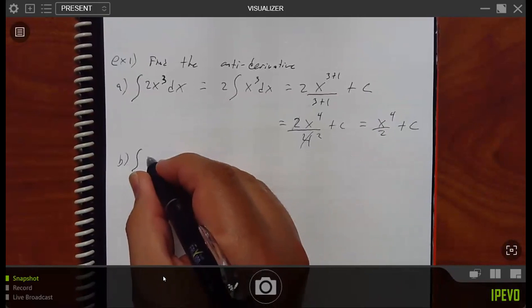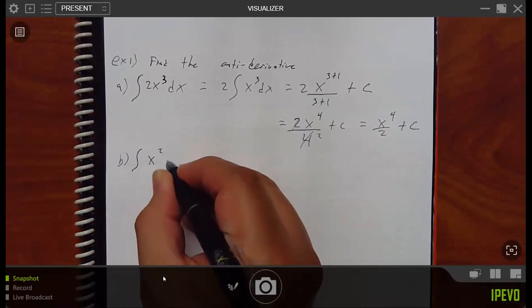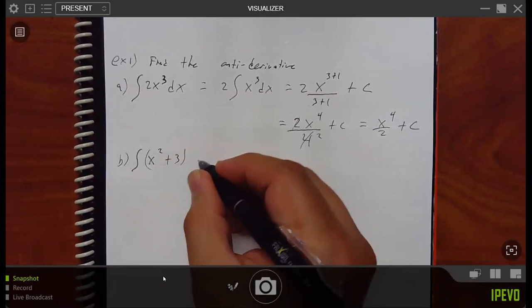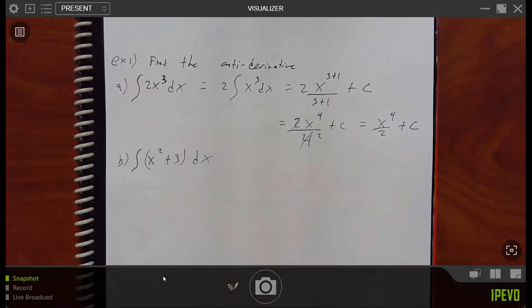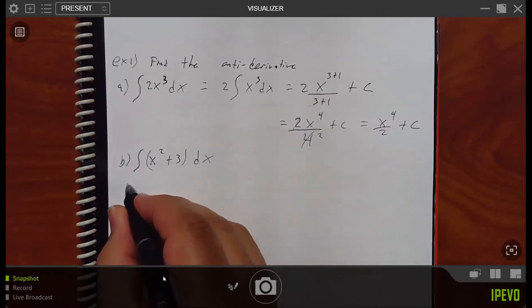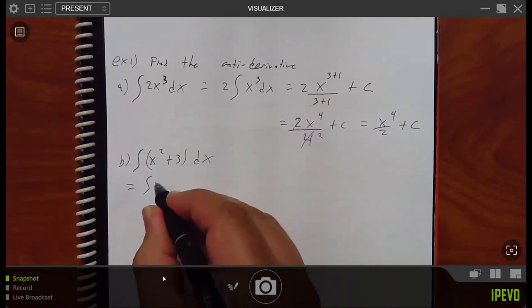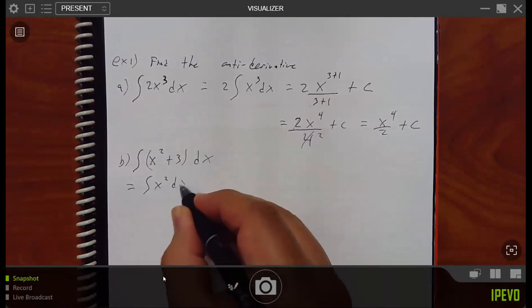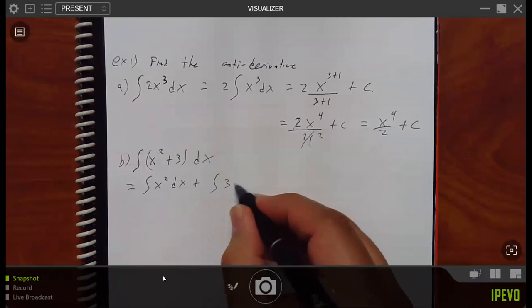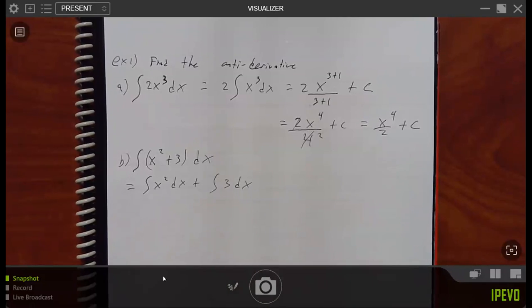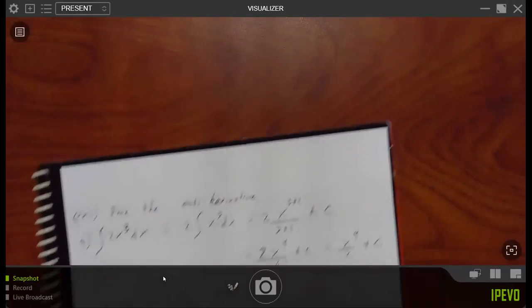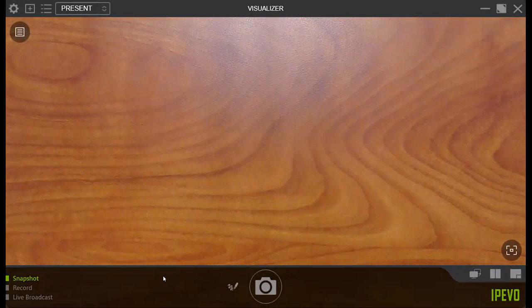Do another one. Integrate x squared plus 3 dx. The rule says that you can separate this into 2 different integrals. We know the rule, Rule 4.